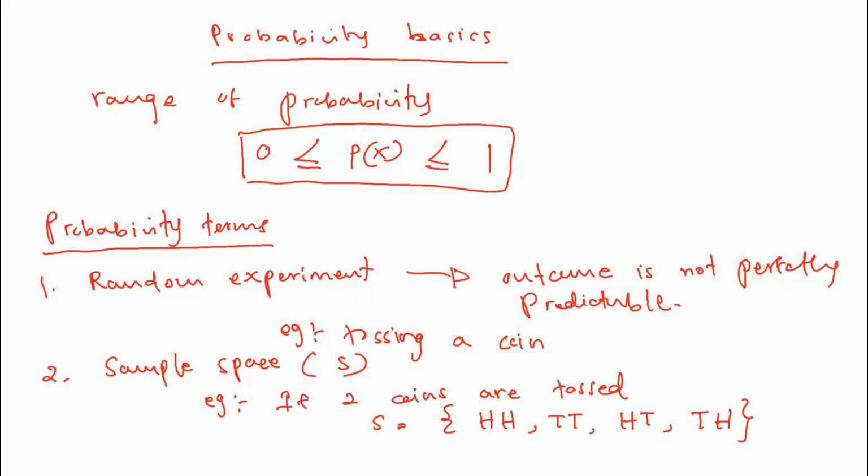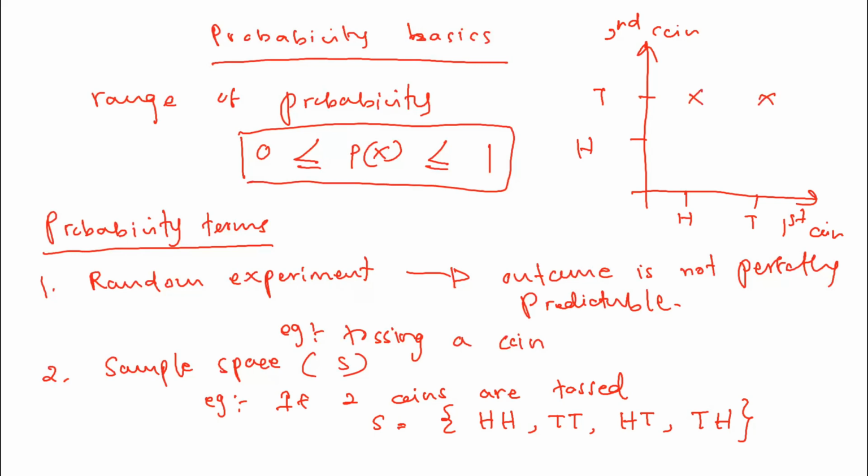And this sample space you can even represent in a chart like this. So here you can say first coin and the second coin. You can mark tail, head, tail. So this shows all the possible sample points which you can get. You can get head and tail, tail and tail, head. Likewise, it shows all the sample points which you can get by tossing 2 coins.